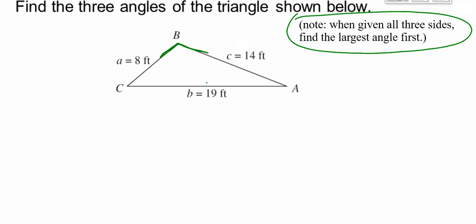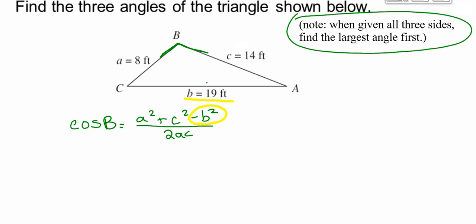And so I'm going to write my version of that. Cosine B equals A squared plus C squared minus B squared all over 2AC. You're going to want to remember this pattern. And just a reminder, when you're using the side that is opposite the angle, you only use that side one time.